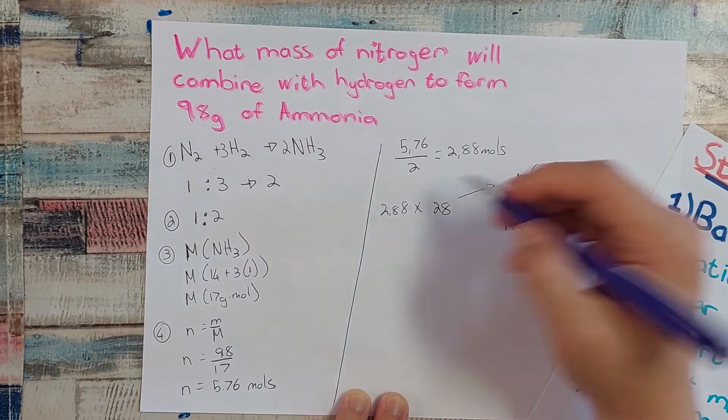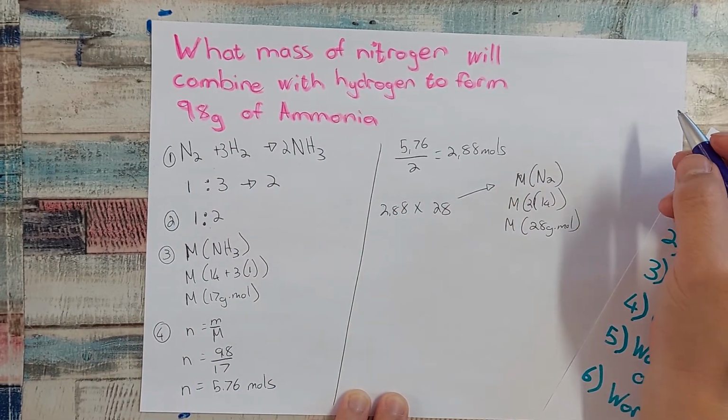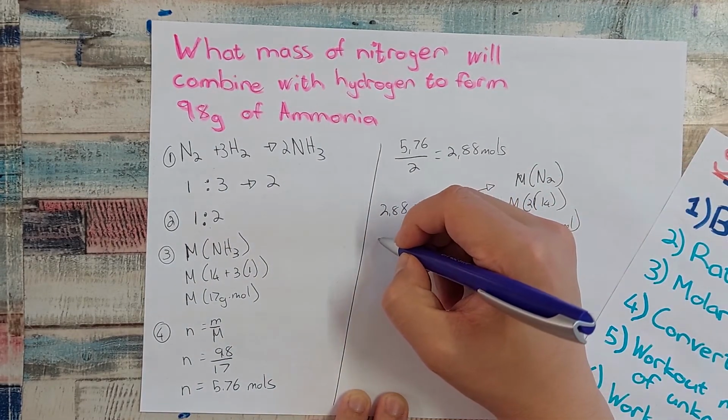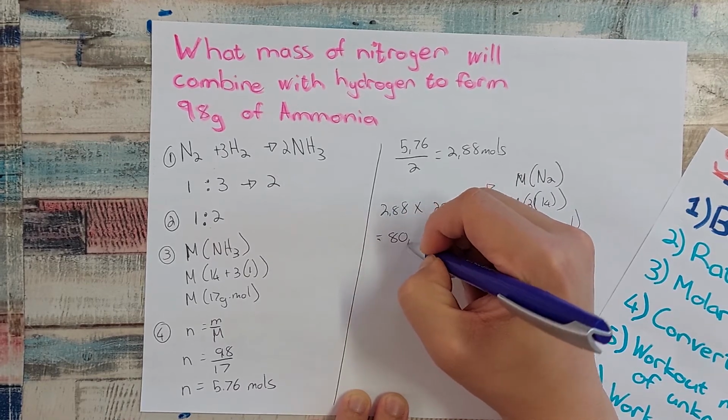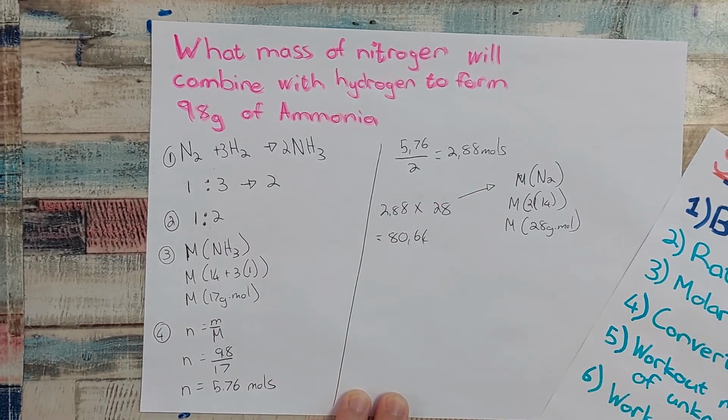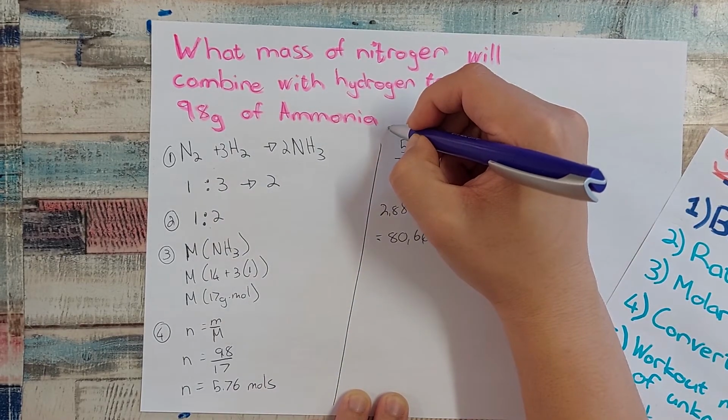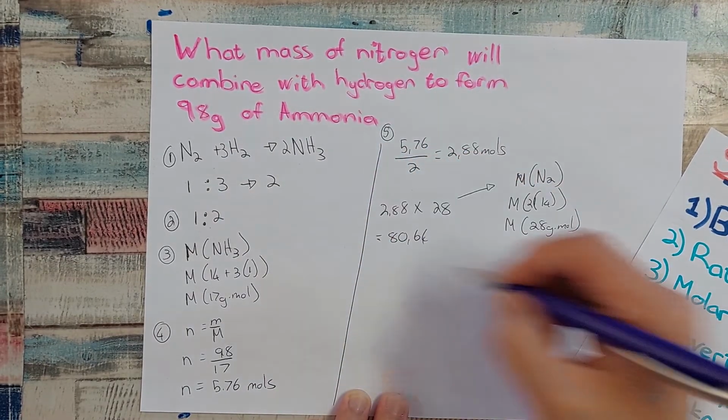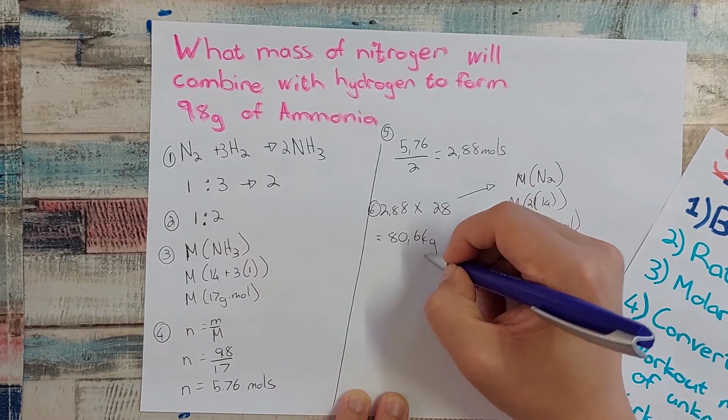Right, so 2.88 times my 28 is going to give me an answer of 80.64.